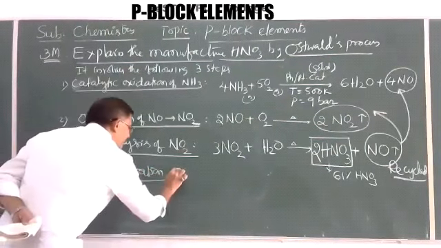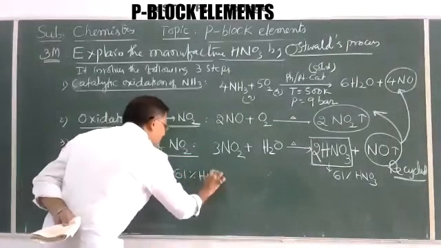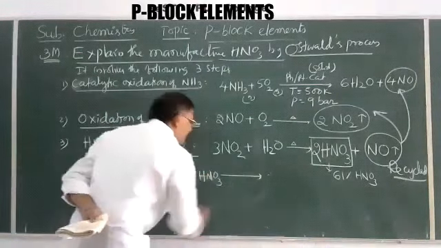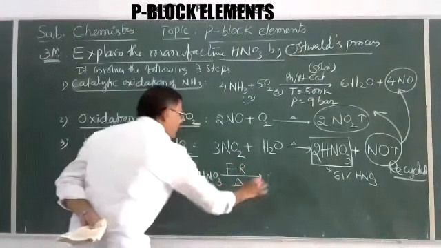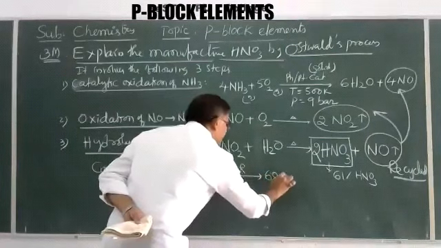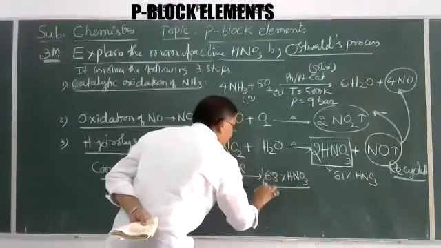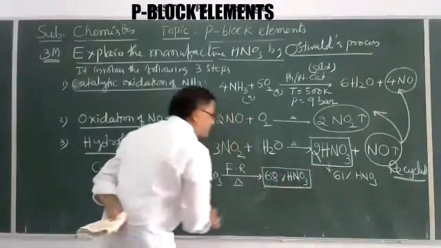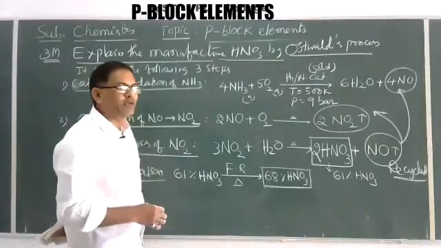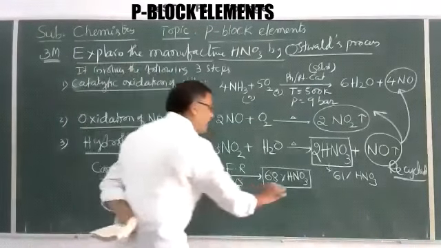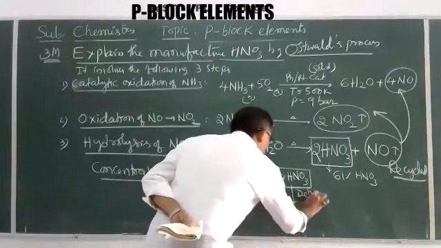The obtained 61% HNO3, by using fractional distillation in a round bottom flask on heating, will give 68% HNO3. By fractional distillation we won't get 98 or 100% because it forms an azeotropic mixture, a constant boiling point mixture. Then dehydration takes place.